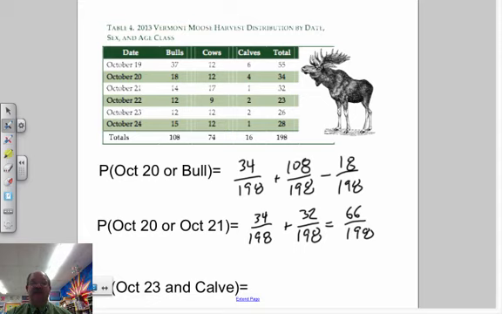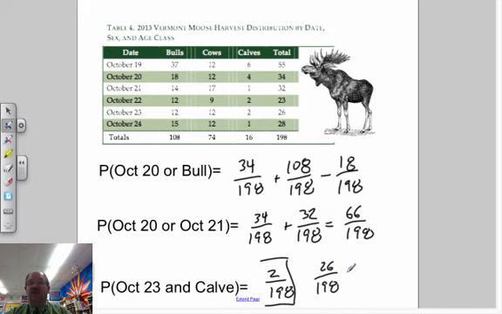Okay? And then what's the probability that we get somebody that was on October 23rd and they shot a calf? So October 23rd, calves. There are only 2 of them on October 23rd, so that's 2 out of 198. Why didn't we multiply? I would say we could probably get the same answer if we were to take the probability that we shot a moose on October 23rd, which is 26 out of 198.